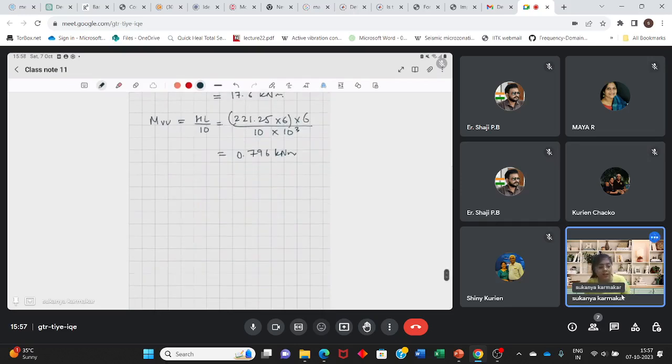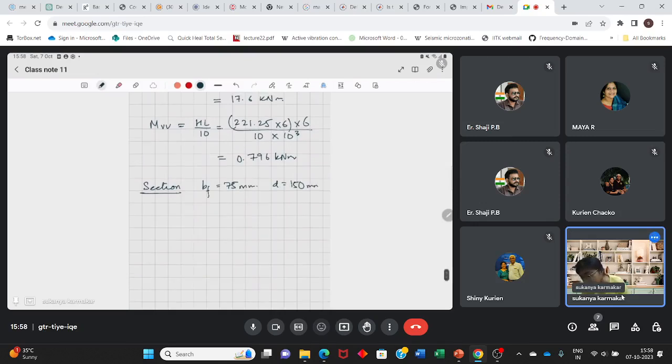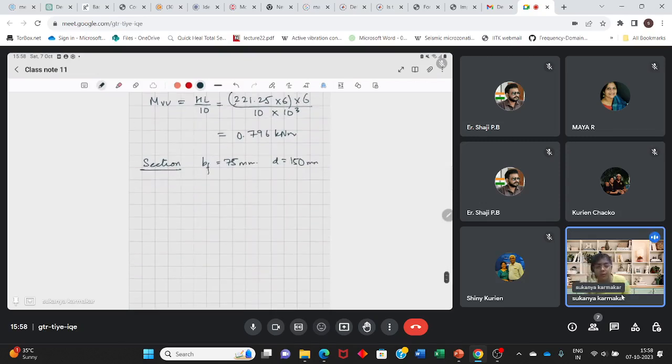For selecting a section, a thumb rule has been suggested in the lectures as well. I'll be using the same idea. So let's try to use a section which has a flange width of 75 mm and a depth of 150 mm. And from there, we get an idea about how much plastic section modulus is required.